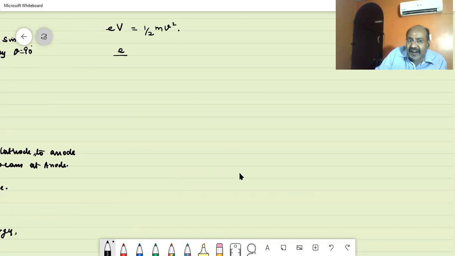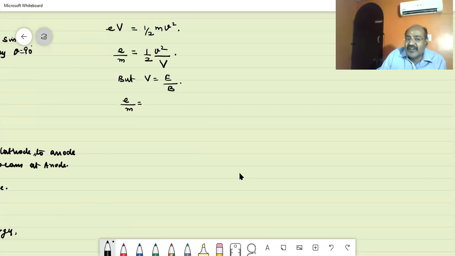You can write E divided by m equal to half into v square divided by the potential difference V. But we have calculated the velocity v is equal to E divided by B. Substituting this in the above equation, the specific charge of the electron, E by m, is equal to 1 divided by 2 into capital V multiplied with B square, that is capital E square divided by B square.